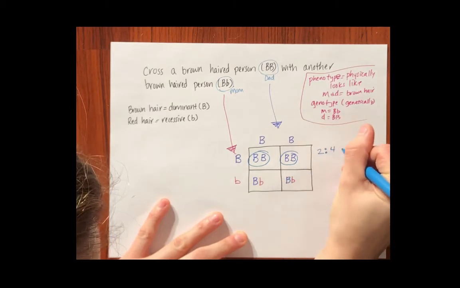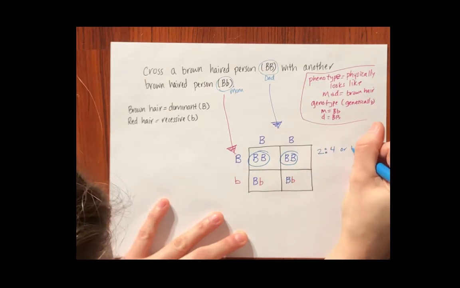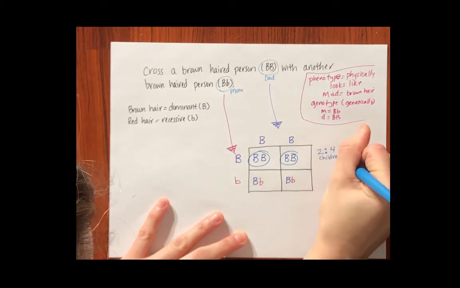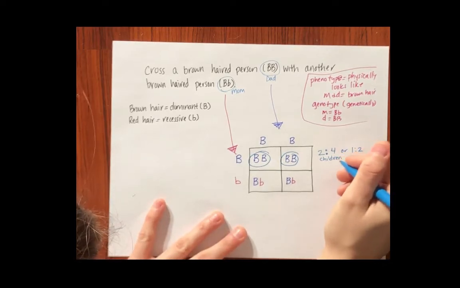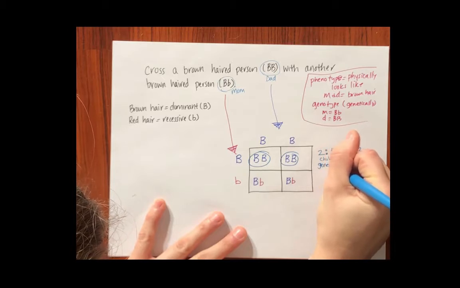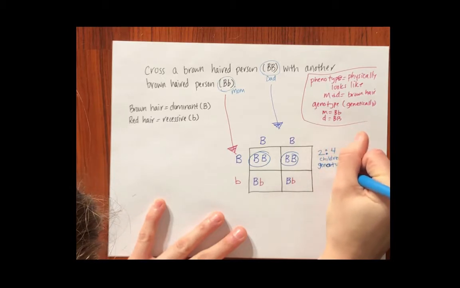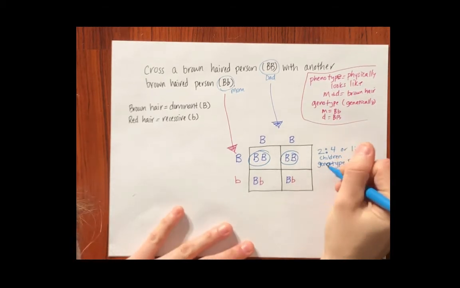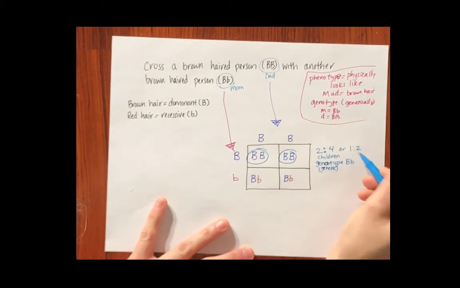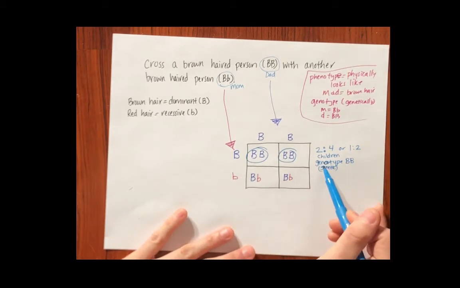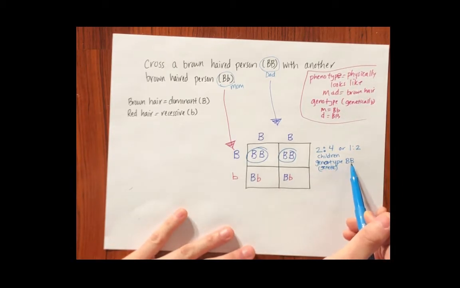So 2 out of 4, or simplified, 1 out of 2 children or offspring would have the genotype big B, big B. I cannot spell that right today. And genotype, remember, is genetic.